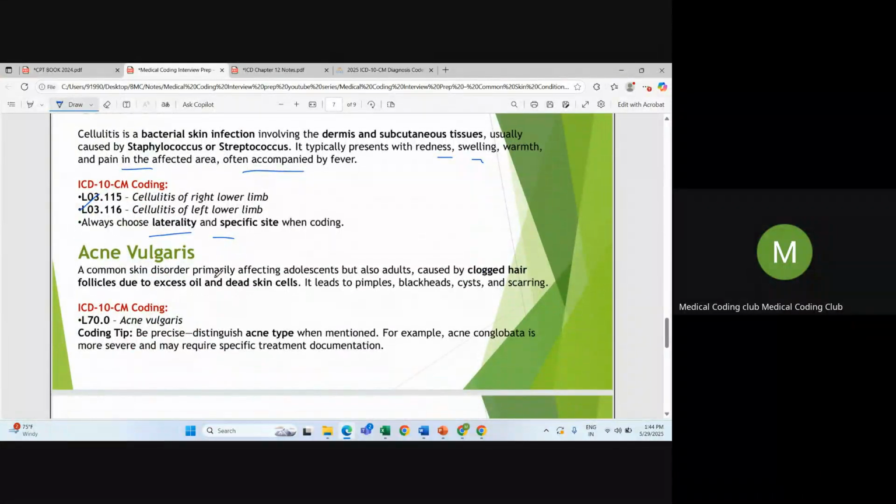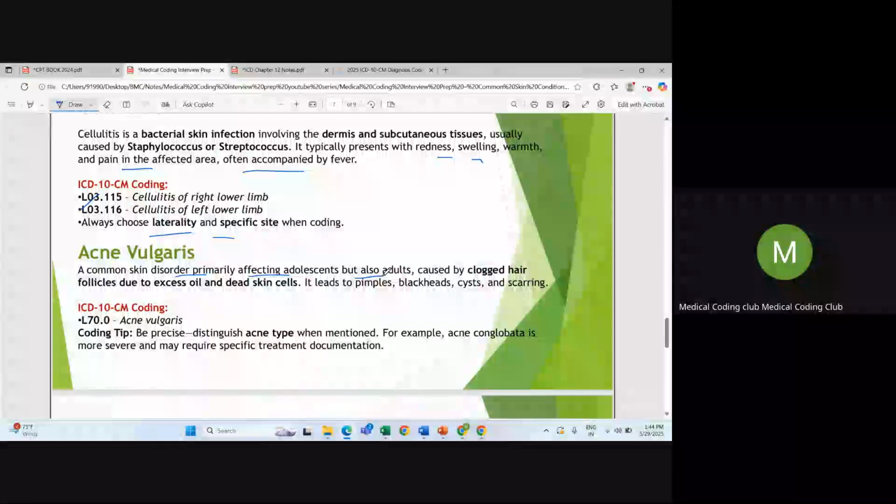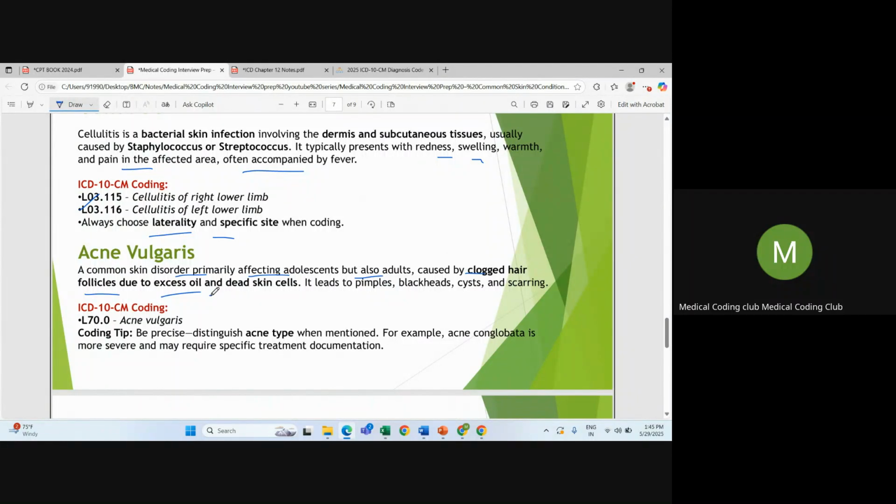So next one is acne vulgaris. It's a common skin disorder primarily affecting adolescents but also adults, caused by clogged hair follicles due to excess oil and dead skin cells. And it leads to pimples, blackheads, cysts, and scarring.